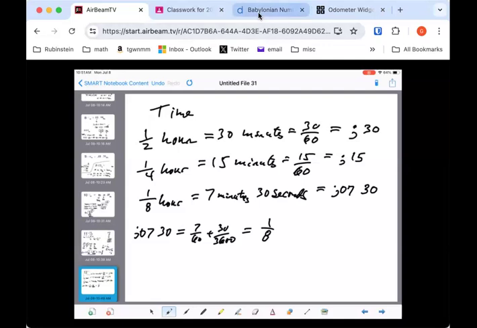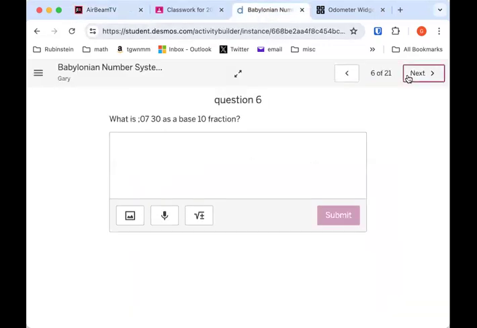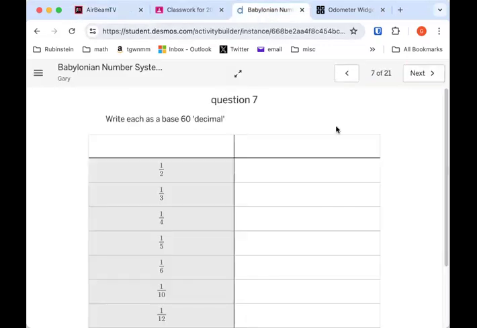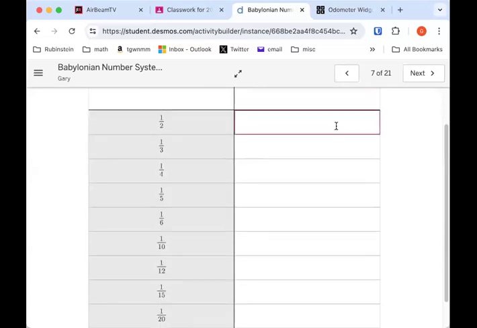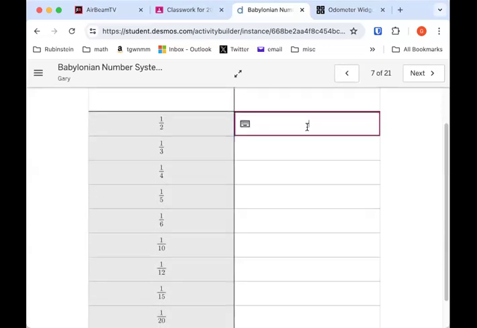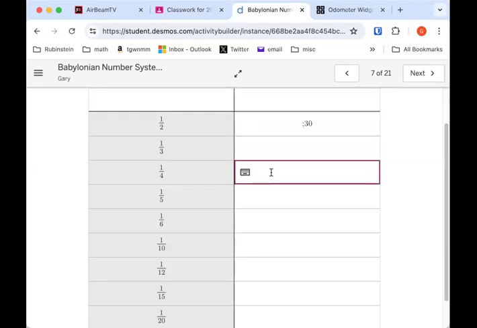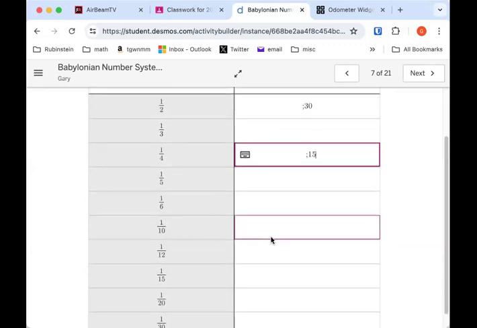Now, let's see what question 7 says. Chart. So we actually did a few of these, right? Semicolon 30, semicolon 15. I don't even have 1/8 on here. I only have one.